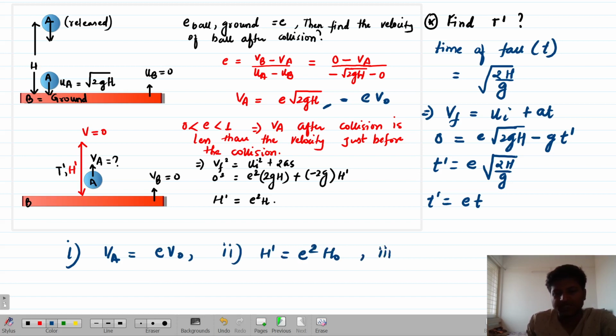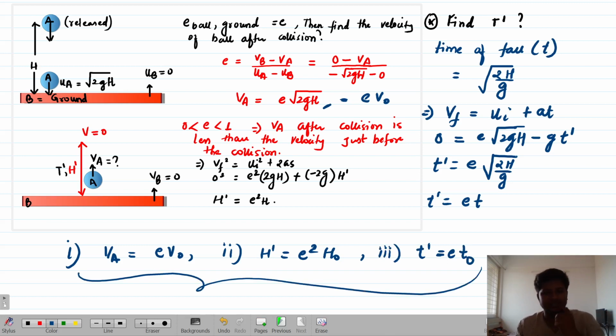And time of flight changes as E times the original time. Are you able to get me or not? And they basically increase in their orders. So their increase in orders for the next successive collisions, we will also talk about that. But that we will talk tomorrow. Is that clear or not? Okay, be over here. Just 1 minute. Let me stop this recording.